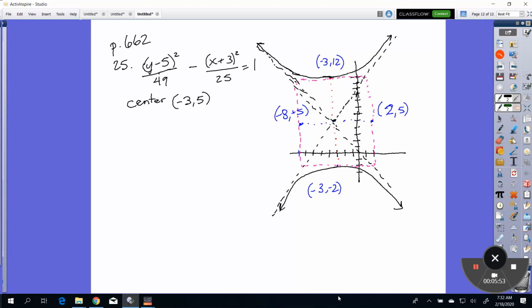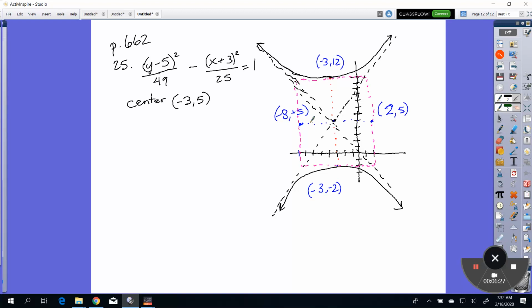So let's see what we were supposed to do on that problem. We were supposed to identify the center, identify the vertices, write equations for the asymptotes, graph the hyperbola, and identify the foci. So we haven't done C and D yet. We haven't written equations for the asymptotes, and we haven't found the foci yet. So do you remember for the foci, what is it?